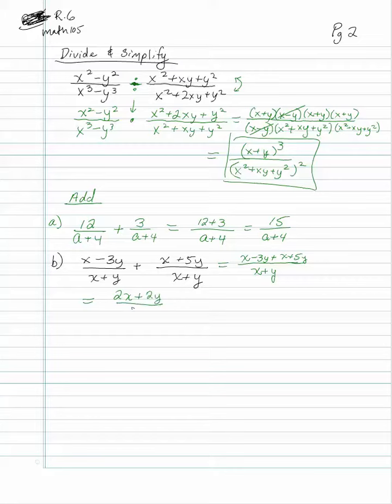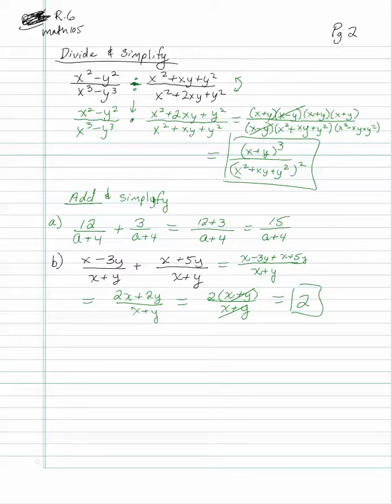And then you leave the denominator alone. And notice, we can factor the top, because you always want to see about reducing. So we get 2 times x plus y over x plus y, the x plus y cancels, and our answer is 2.